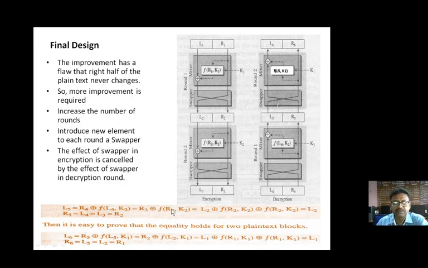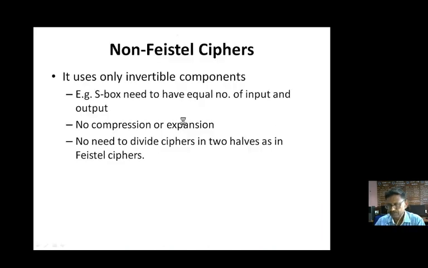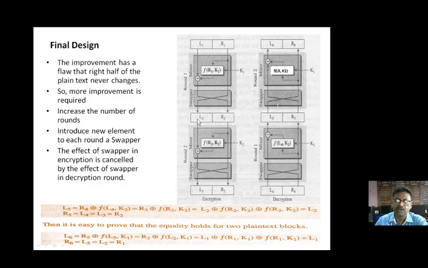So L4 can be replaced by R2, giving F(R2, K2). What is R3? R3 is a combination of L2 XORed with F(R2, K2). So it is L2 XORed with F(R2, K2) and XORed with F(R2, K2). Now this F(R2, K2) XORed with F(R2, K2) cancel out each other and it will become L2. It means L5 is equal to L2.